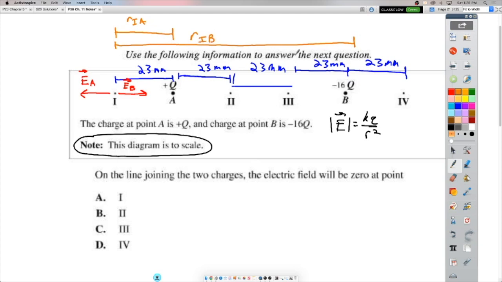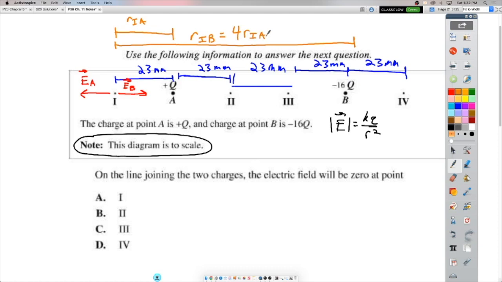How can we compare R 1B to R 1A? Well, R 1B is 1, 2, 3, 4 times as large as R 1A, right? So R 1B equals 4 R 1A. So what would that mean for the electric fields if the charges were the same?